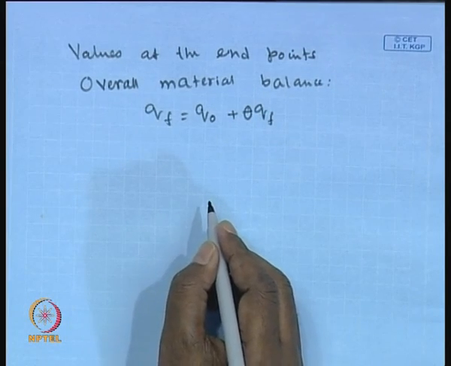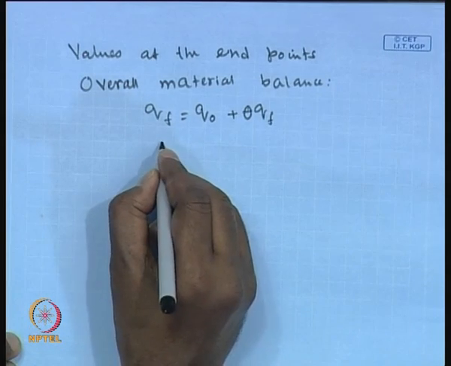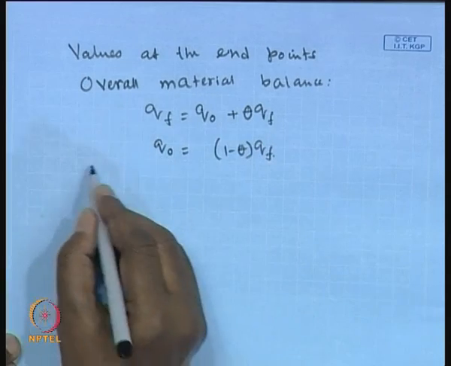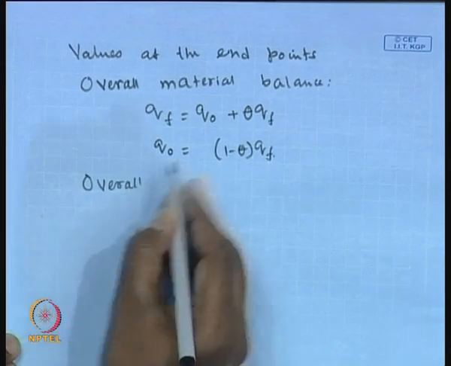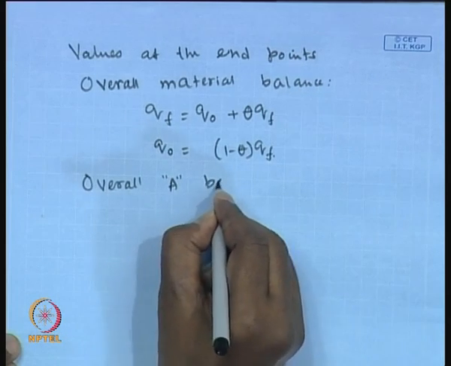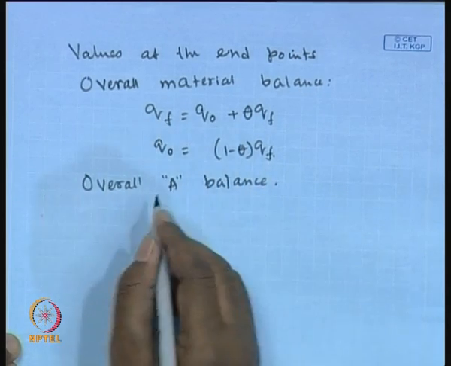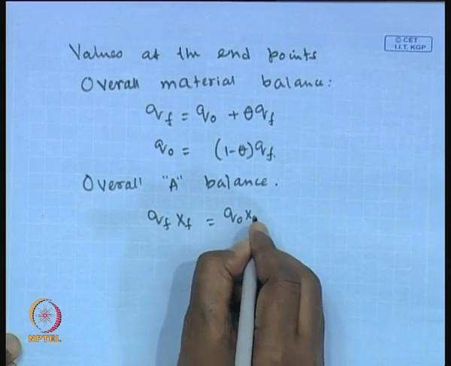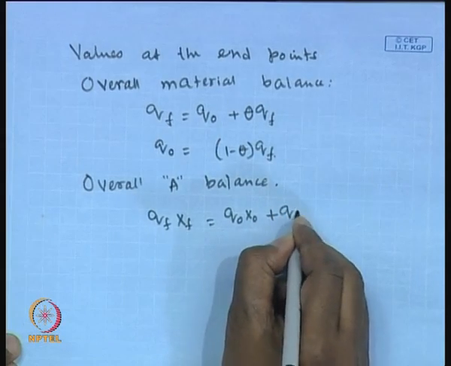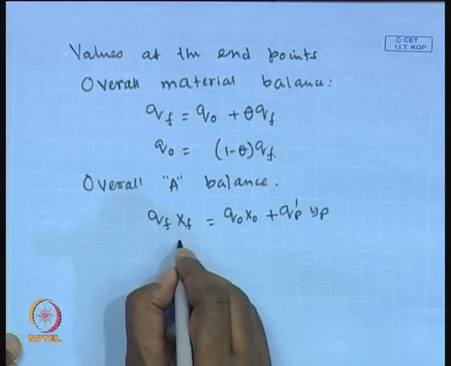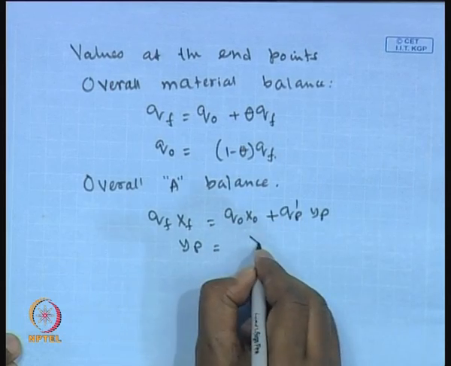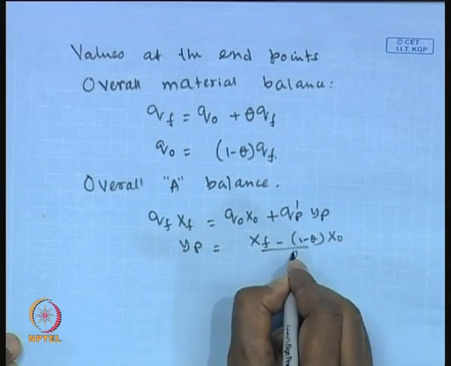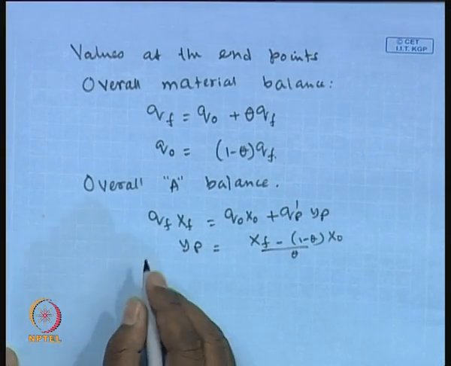So, theta is the cut ratio, and therefore, Q0 is nothing but 1 minus theta times Qf, and overall A balance will give you Qf xf is equal to Q0 x0 plus Qp prime Yp, that we have derived earlier. Yp is equal to xf minus 1 minus theta x0 divided by theta.